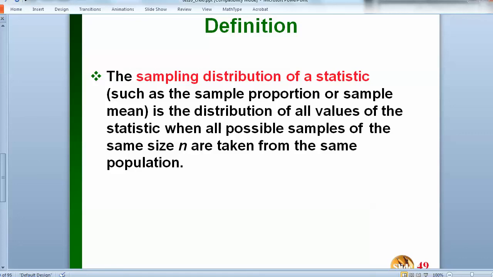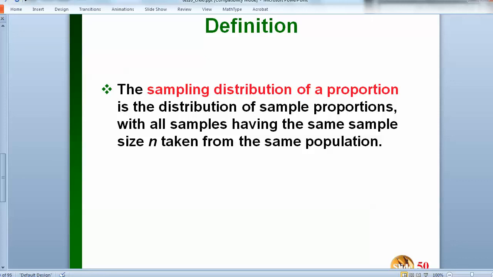And essentially what it is, and you can read the definition, it's taking subsets of a fixed size, like say n is 5, okay? And we take all possible samples of size 5 and then calculate this statistic that we're looking for, so the mean, for example. So calculate the average of those 5.